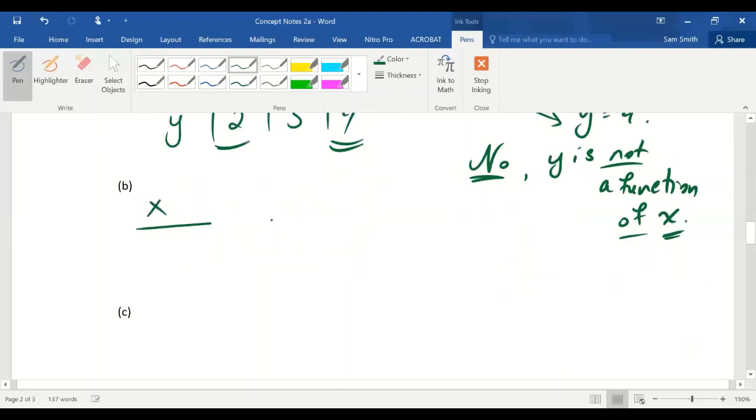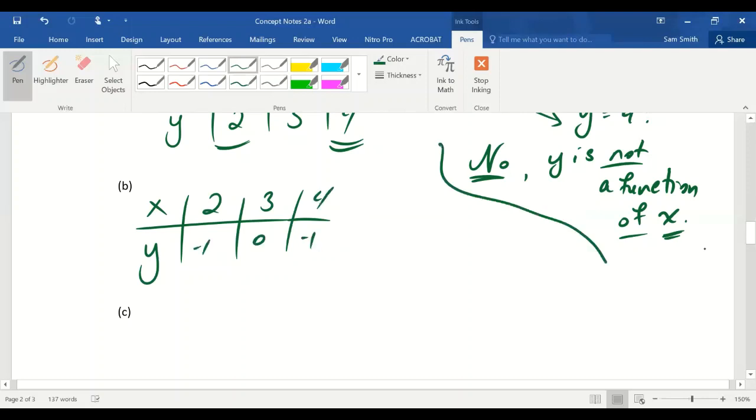I change this table just a bit. Really flip the values of x and y from the previous example. What about this case? Is x a function of y? What do you think? Well, if I enter x equals 2, the system knows exactly what to give back to me. Enter x equals 2, it returns y equals -1.